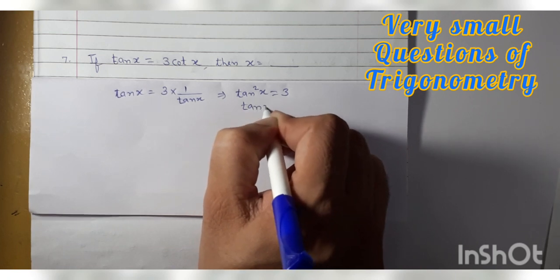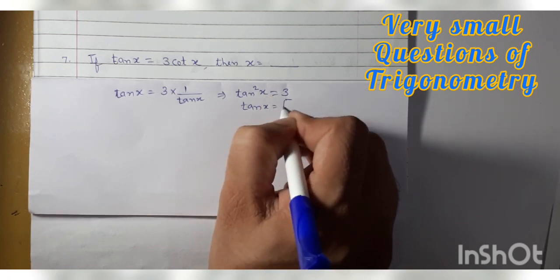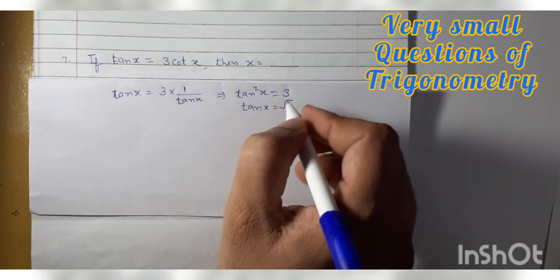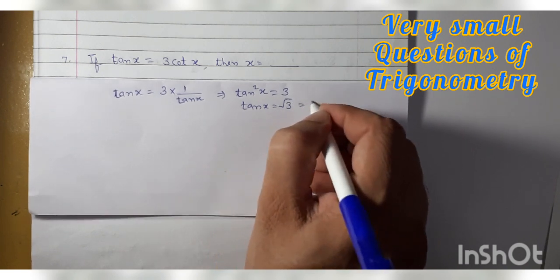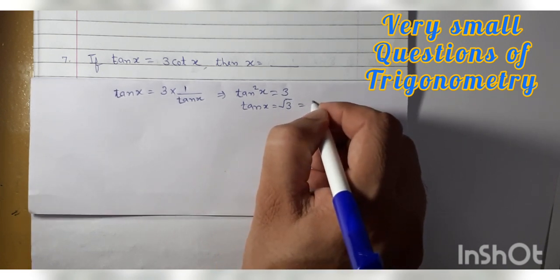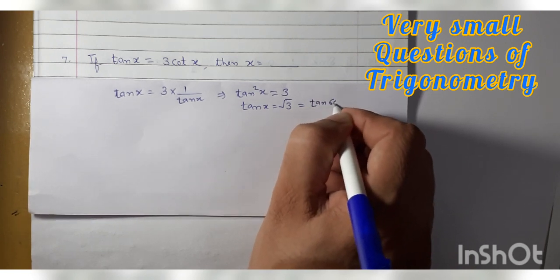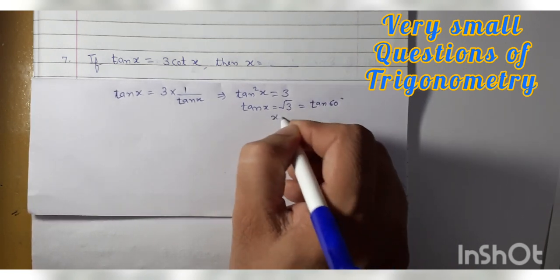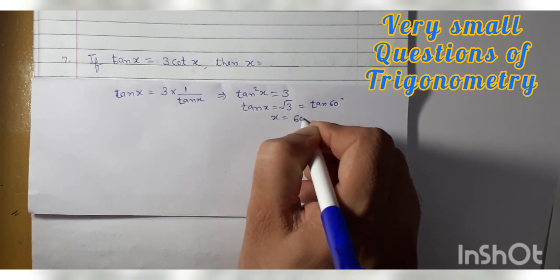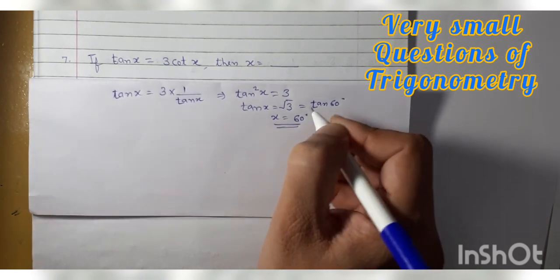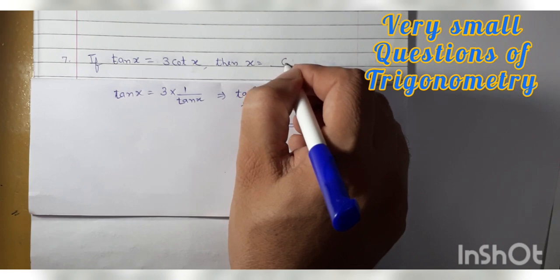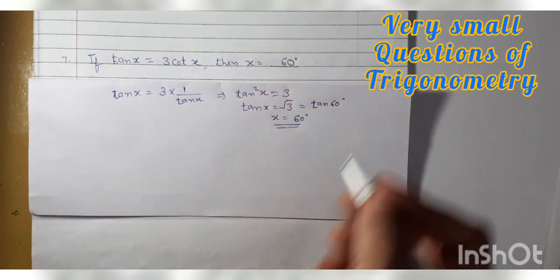Then tan x will be under root 3. If tan x is under root 3, then in the table you can see you will get tan 60 degree. Then what will be the value of x? This is 60 degree, and 60 degree is your answer. I am writing 60 degree here.